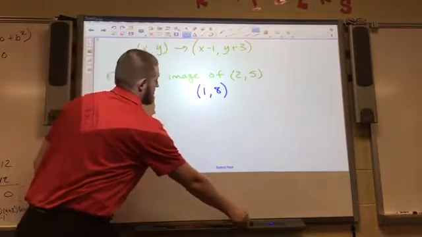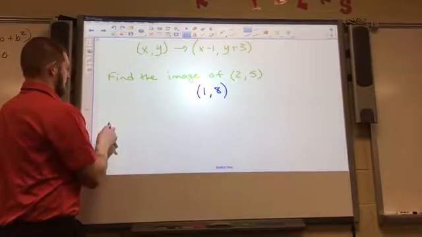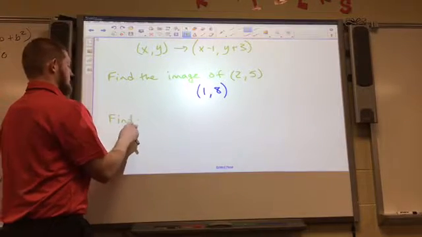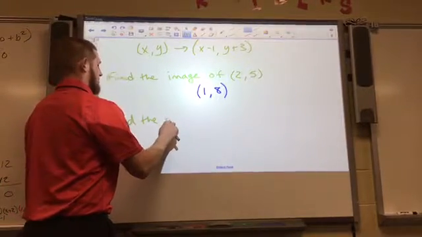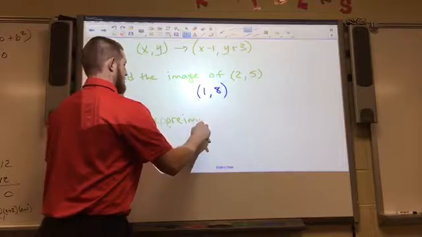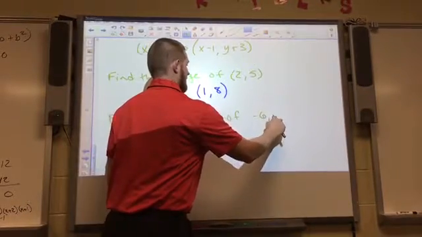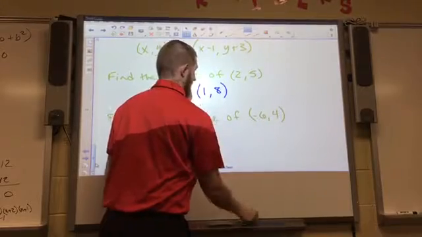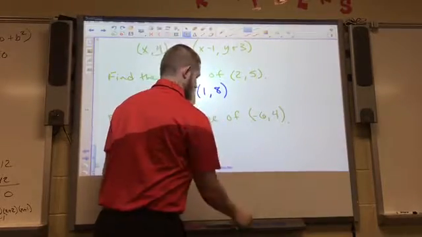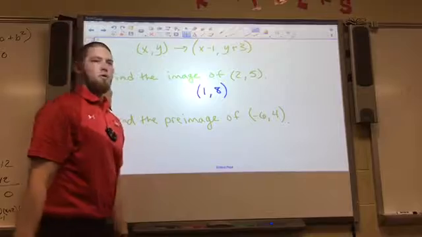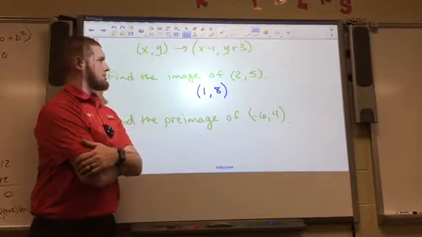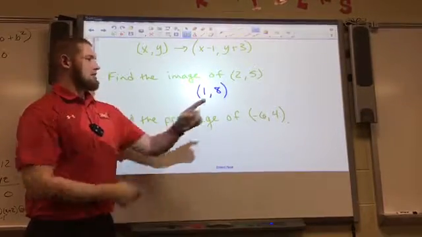Okay, now I want to do one more here, because there is one part of this that's going to be confusing on your assignment. It's going to say find the pre-image of -6, 4, or something like that. If they want you to find the pre-image, what does that mean this is?